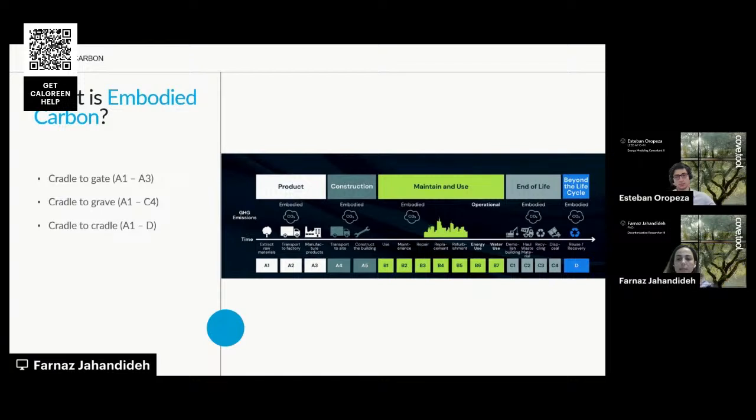The next is the cradle to grave. This includes the product stage, but also construction, use, and end of life stages. So we can call it A1 to C4. This scope includes the whole building life cycle assessment, and the last is cradle to cradle, which includes the whole cradle to grave scope, but additionally includes things beyond the building life cycle.